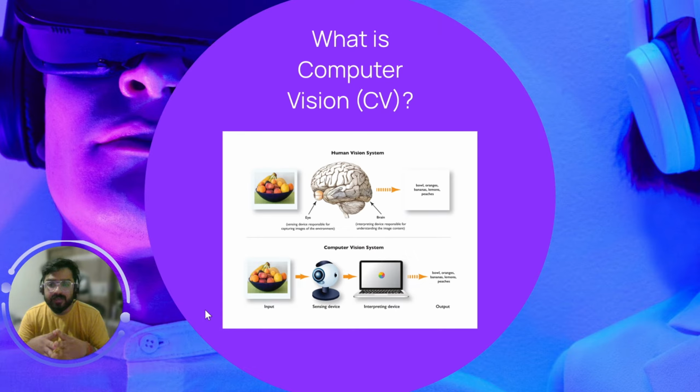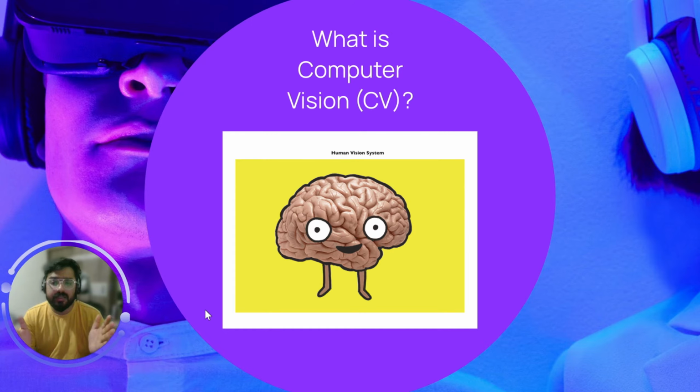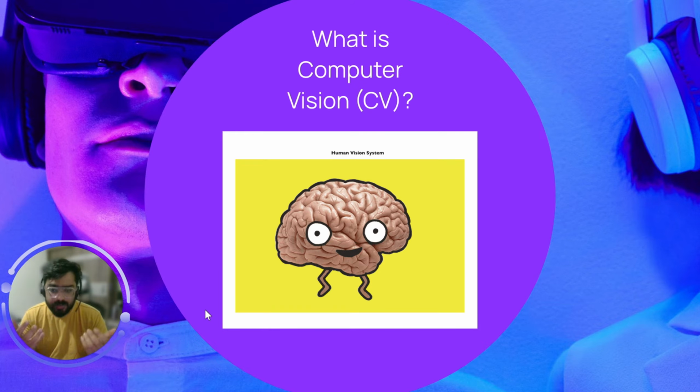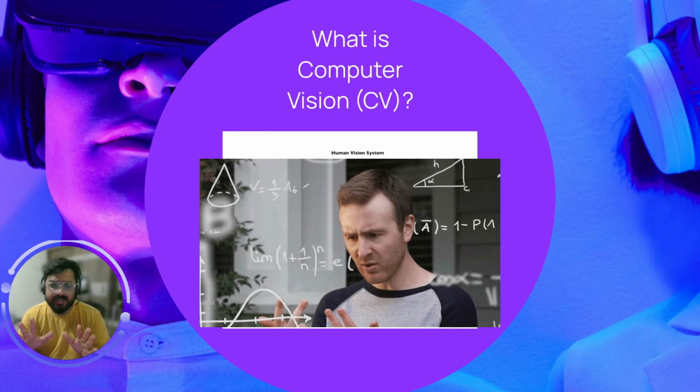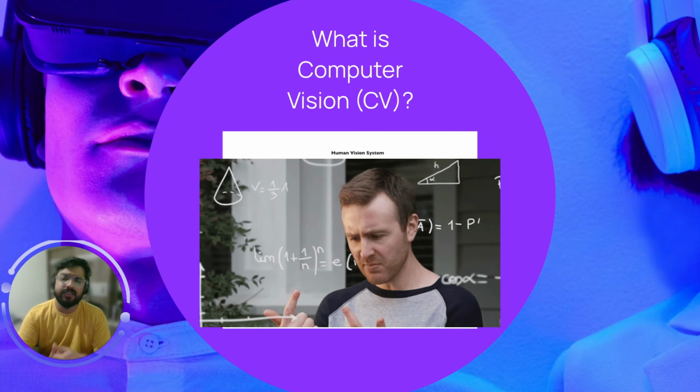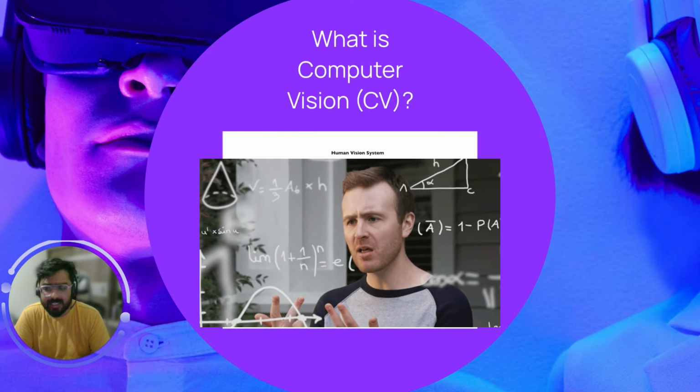I think you must have heard about multimodal data sets too, but we'll deep dive into those later. The primary goal is to enhance the machine to see and interpret the visual world in a way similar to what humans do. At its core, computer vision involves a series of complex algorithms and mathematical techniques that process and analyze the visual data.